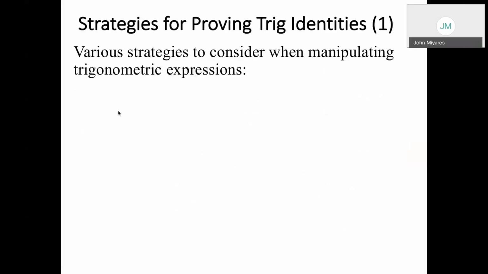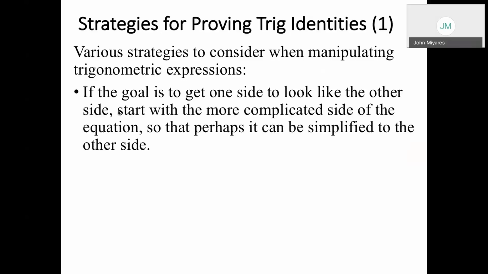There are various strategies to consider when manipulating trigonometric functions to prove that one side of the equation equals the other side. First, if the goal is to get one side to look like the other side, start with the more complicated side of the equation so that perhaps it can be simplified into the other side.